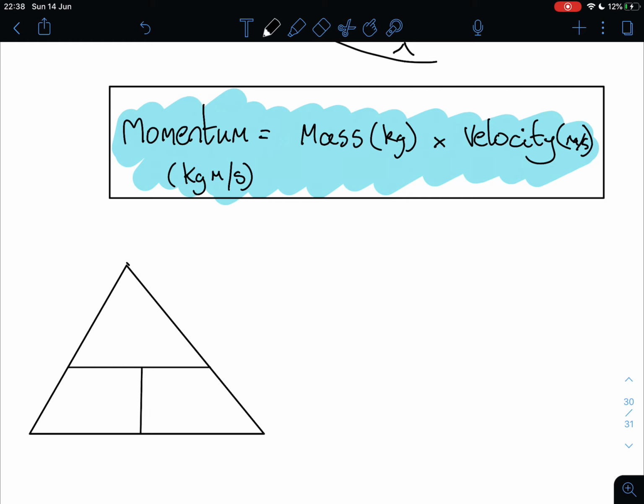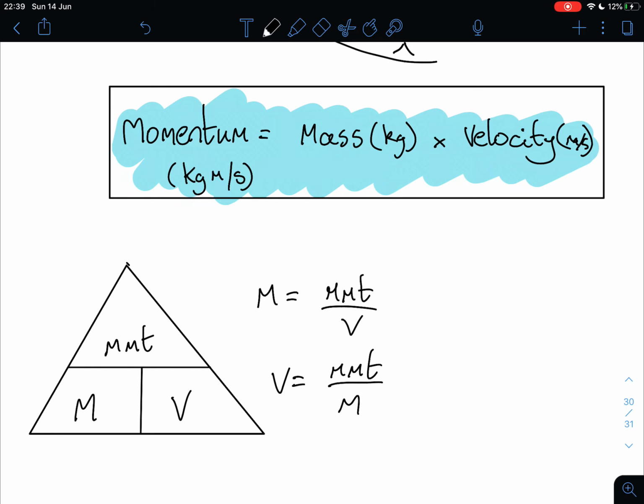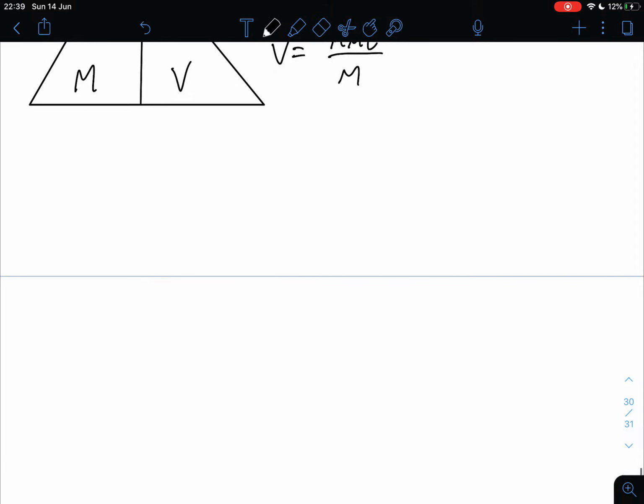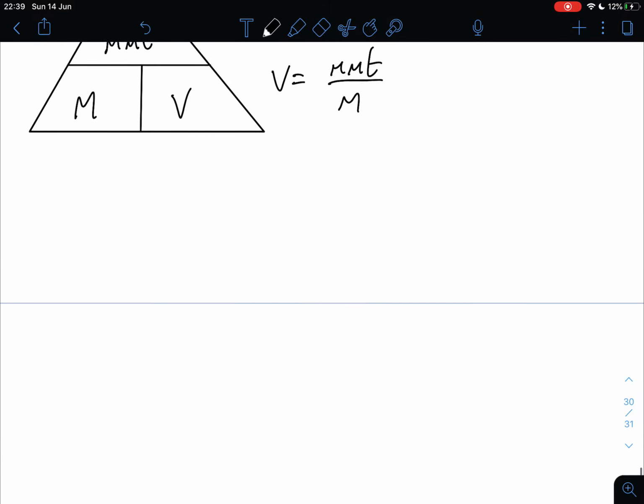So I like to write MMT, momentum is mass times velocity. And if we use that, we can rearrange it to find mass is momentum over velocity, or velocity is momentum over the mass. So that's the triangle. I'll put some questions up to have a little go on that.